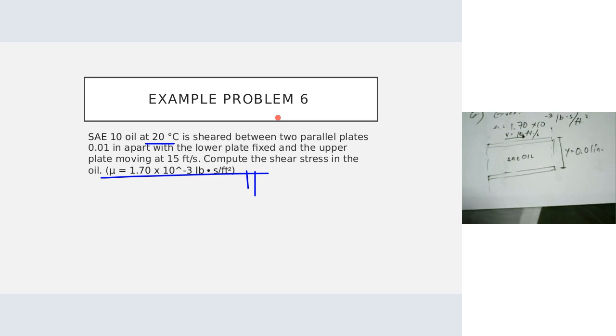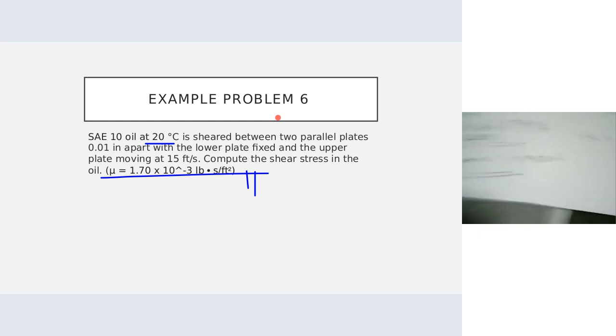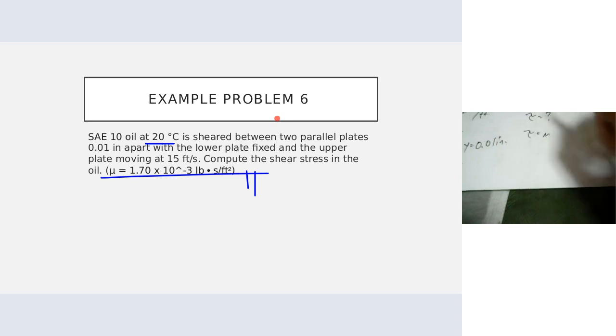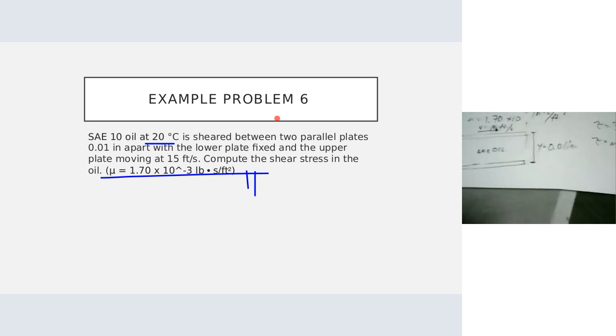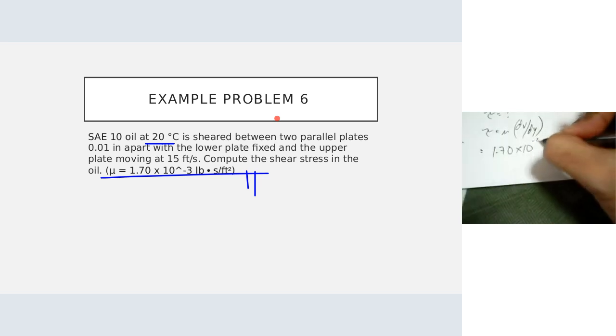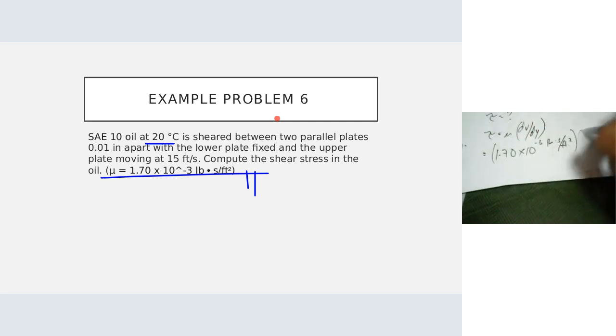Now, we just have to compute the shear stress. Again, what's the formula for the shear stress? It's equal to the viscosity times dV over dy. We are given the viscosity, so let us write that down: 1.7 times 10 raised to negative 3 pound second per feet squared.